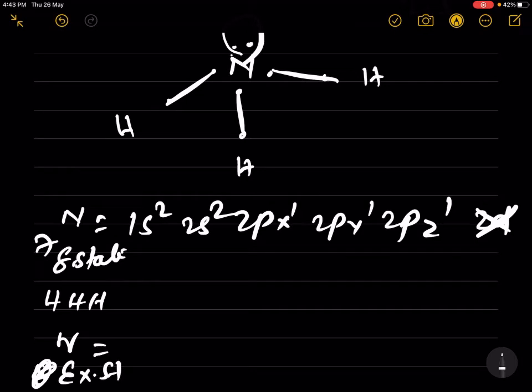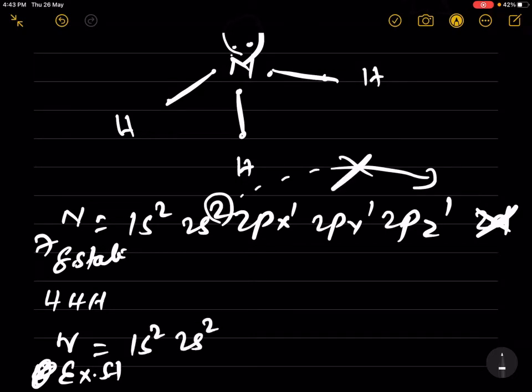In excited state, as there is no 2d or no empty orbital, so 2s electron cannot jump. So its configuration is 2px1, 2py1, 2pz1.